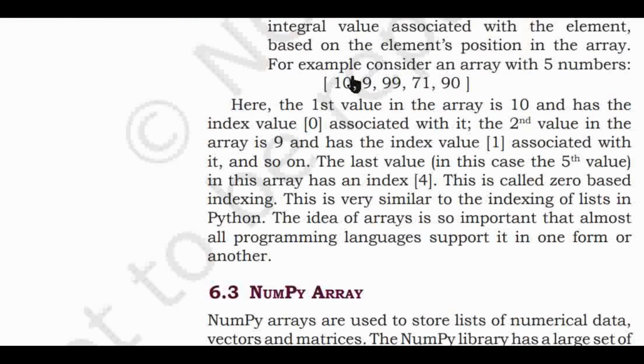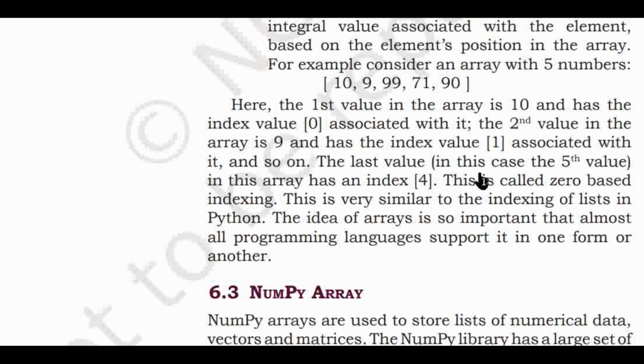For example, consider an array with 5 numbers: 10, 9, 99, 71, 90. Here the first value in the array is 10 and has the index value 0 associated with it. The second value in the array is 9 and has the index value 1 associated with it, and so on.